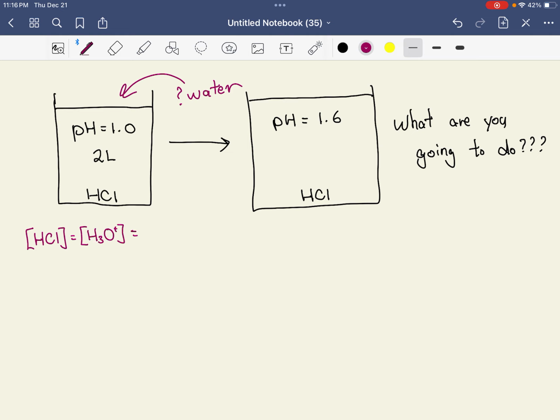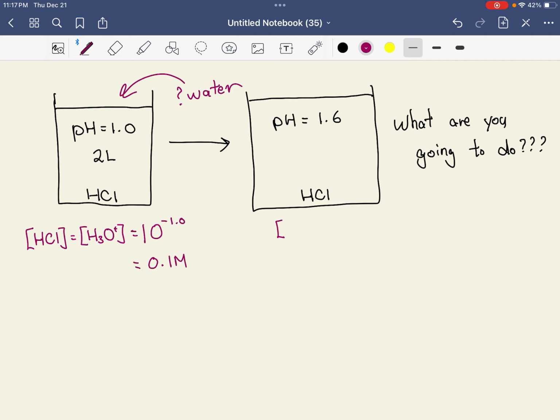And to change pH to concentration, you take 10 to the power of negative pH. All right, what would that be? 10 to the power of negative 1. That will be 0.1. So the original concentration is 0.1 molar.